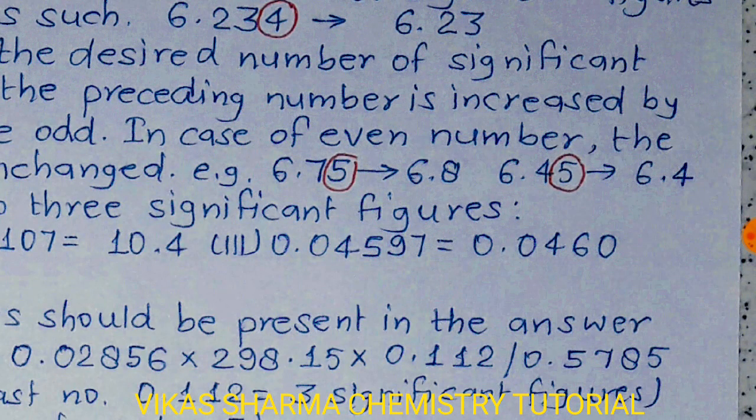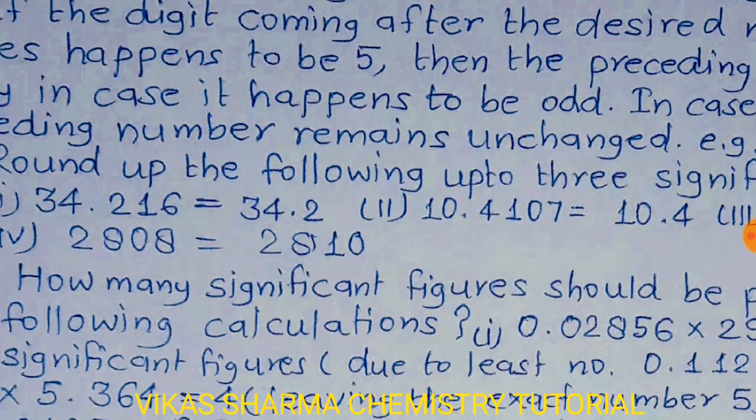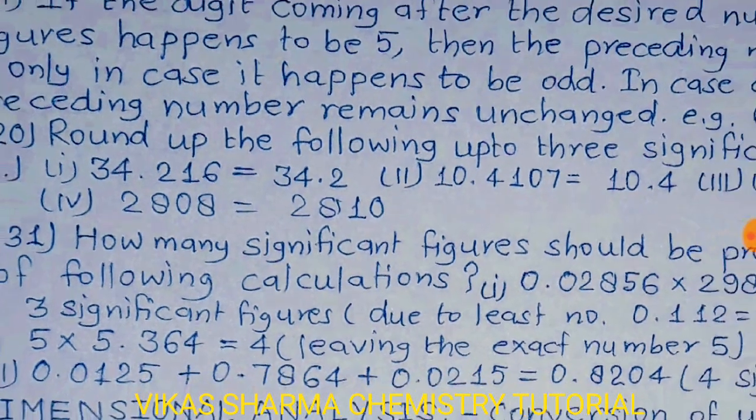Then 0.04597, the 5 is odd, so 9 is increased, so the rounding off is 0.0460. Then 2808, the digit 0 is counted as an odd number, so it is increased, so rounding off is 2810.